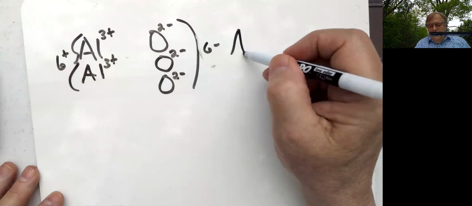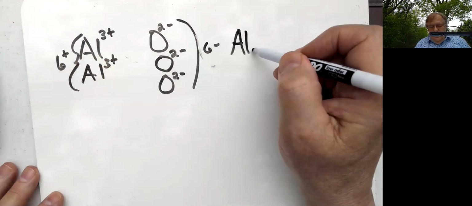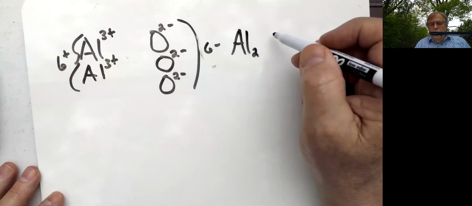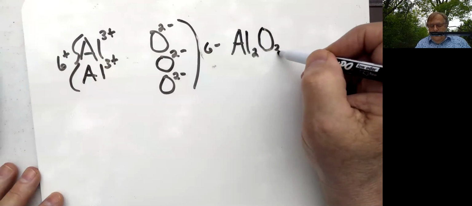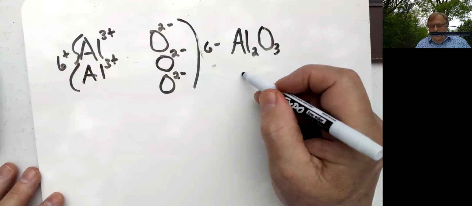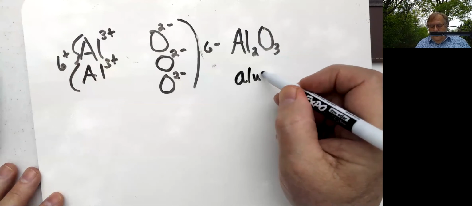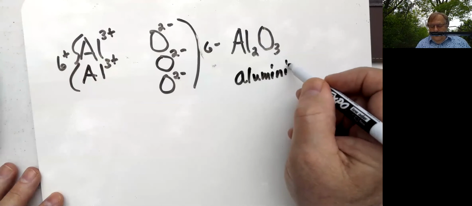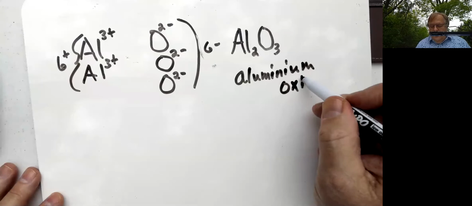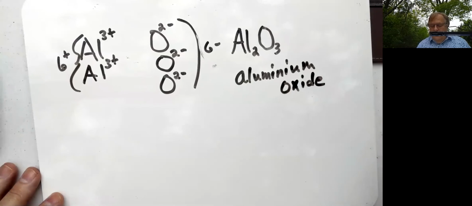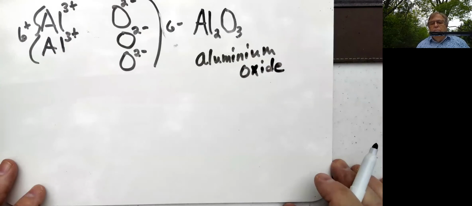So the formula for aluminum oxide is Al2O3. Aluminum oxide. Okay, aluminum oxide.